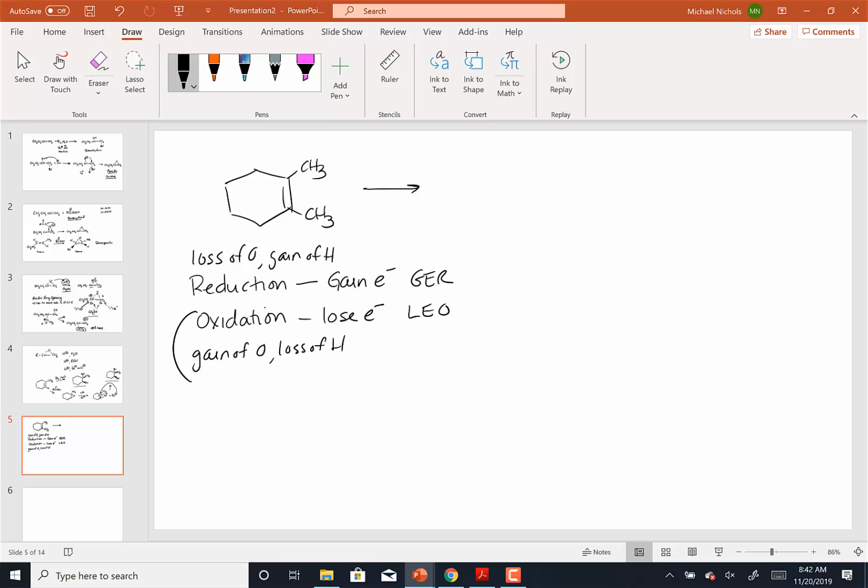So we can define those two terms simply by whether a molecule gains oxygen or loses it, whether it gains hydrogen or loses it. So that's a little bit easier method. And in our yeast experiment, we turned a carbon-oxygen double bond into a CH-OH bond. So that molecule gained hydrogens and underwent reduction.